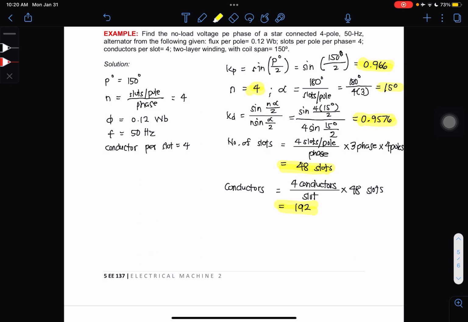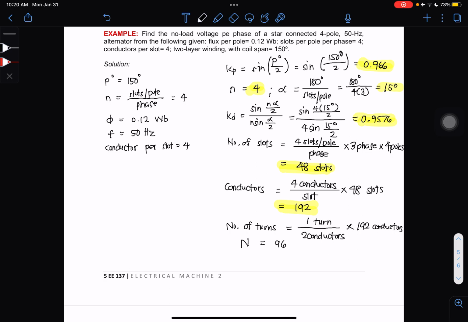And to solve for our number of turns, the number of turns is equal to 1 turn, which is equivalent to 2 conductors, times the 192 conductors we solved. So our number of turns N is 96.